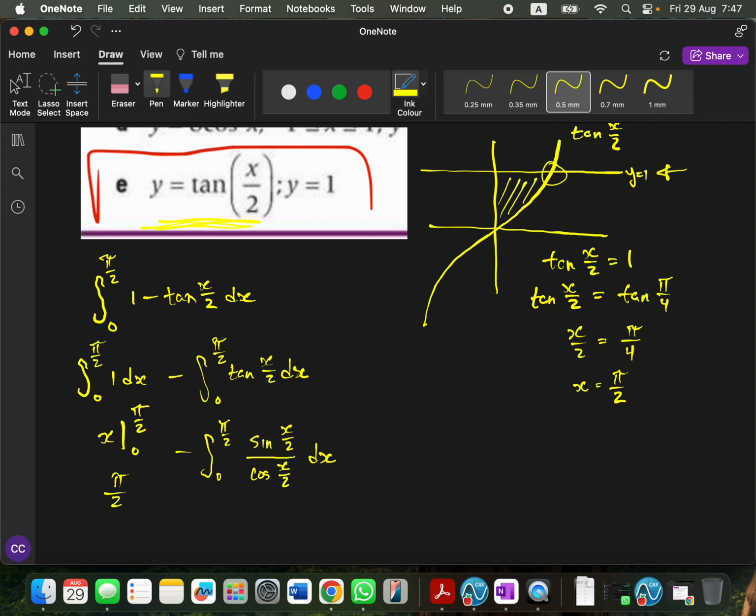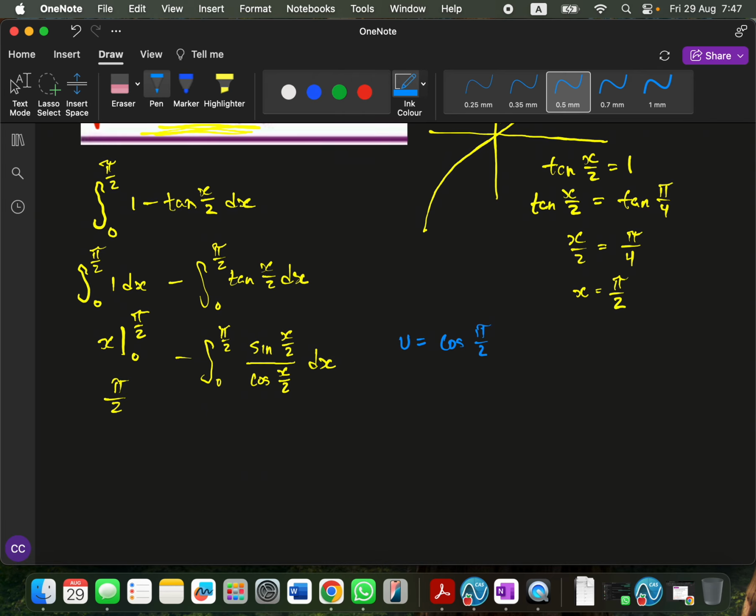And then I'm going to apply a u substitution. My u is going to be the cosine of x over 2.